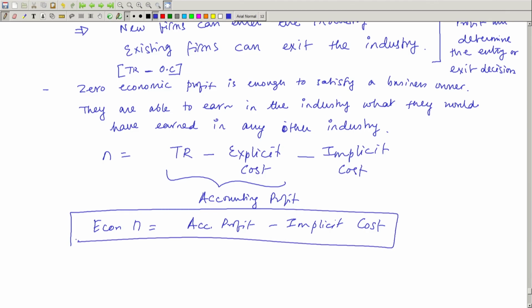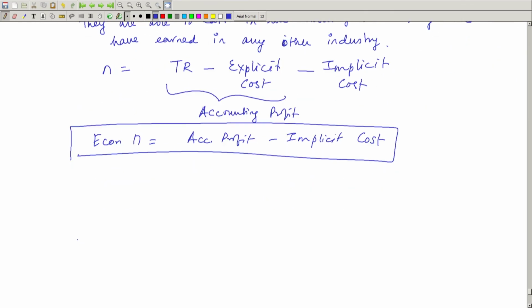Right. So, this we have seen a little earlier when we talked about opportunity cost. So, in case you have forgotten how we had defined opportunity cost, it might be a good idea to go back and review those lectures, right.